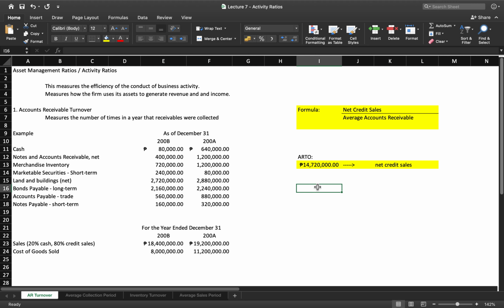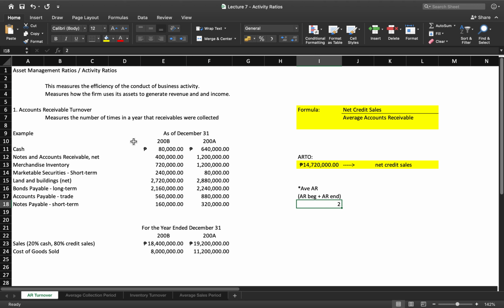The second information that we must be able to obtain or solve for is the average accounts receivable. So, how do we find the average accounts receivable? Take note of this formula. Average AR is the accounts receivable beginning, and then we will add the accounts receivable ending, and then we just divide it by 2.